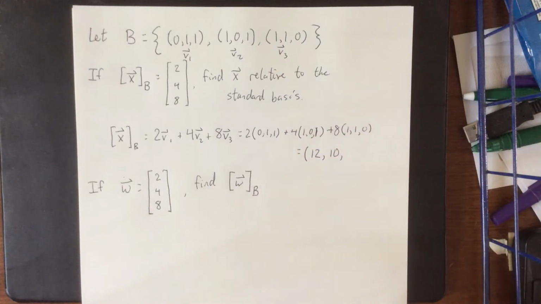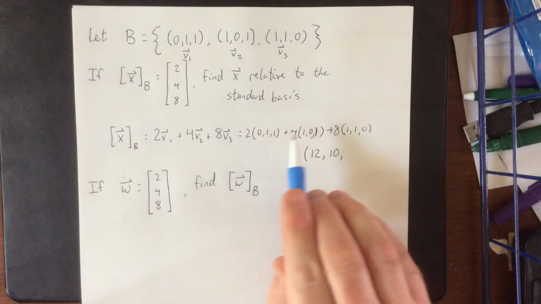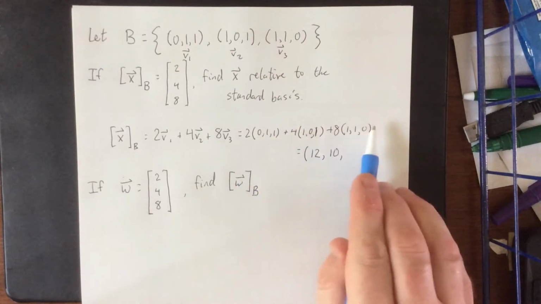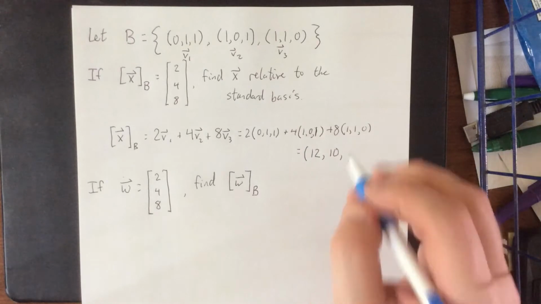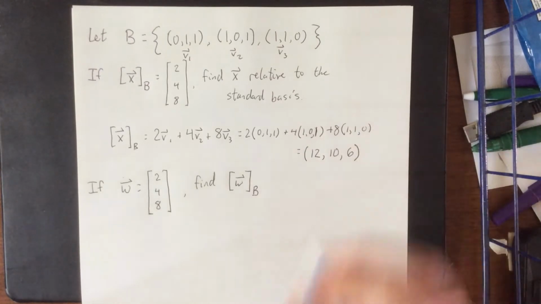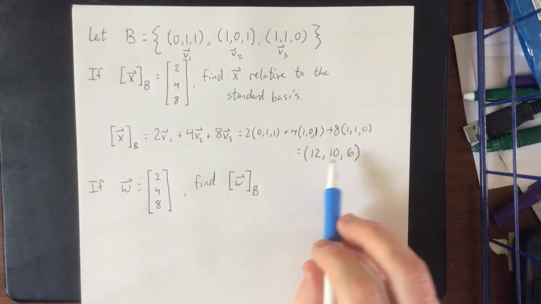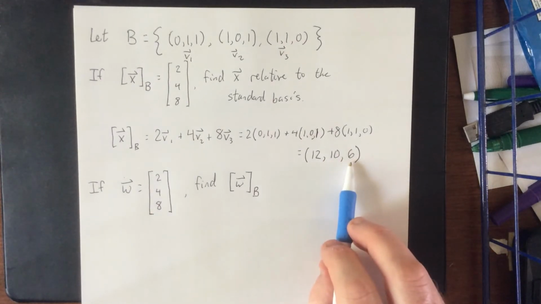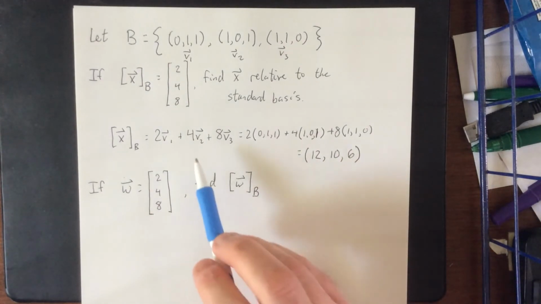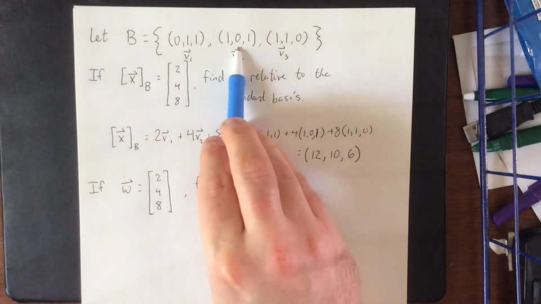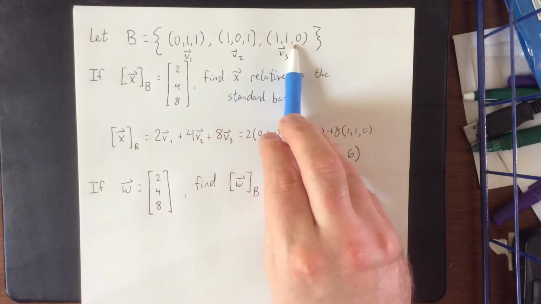And then finally, for the third component, that'll be 2 times 1 plus 4 times 1 plus 8 times 0. So 2 plus 4, that'll be 6. So, according to the standard basis, 12i plus 10j plus 6k is the same as saying 2 of these plus 4 of these plus 8 of these.